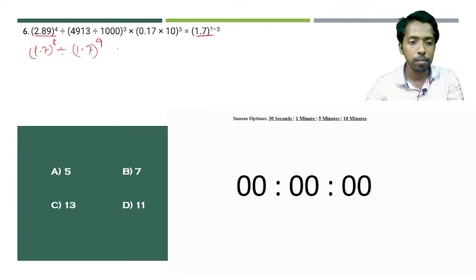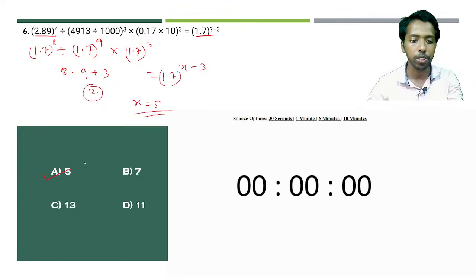So this is 9 here, right? Multiplied by 1.7 to the power 3. Now you have to tell the answer here. That means 8 minus 9 plus 1, right? So that is minus 1, that is 2 here. So 1.7 to the power x minus 3. So x equals 5 here, right? Option A. Moving to the next one.